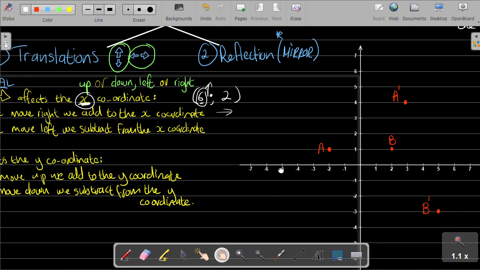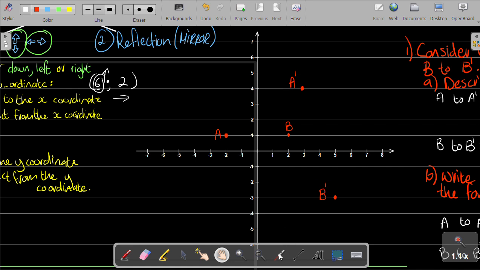We're at 6 and 2, which would be here, and we're moving right, so the x value is increasing. It will go from 6 to 7, 8, 9, whatever. I just wanted to explain that to you.